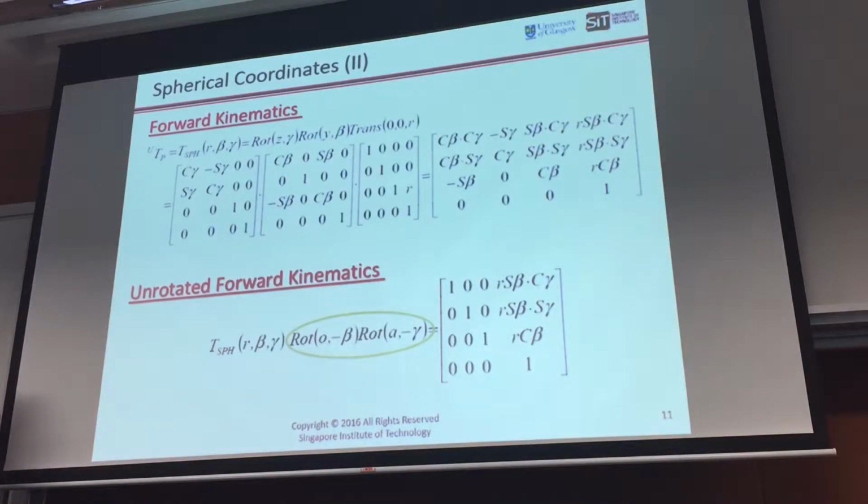Later on, I will go through the detail of how you use this to find 2 sets of angles, 2 sets of answers, and then verify which is the right answer. So far, okay? I know it is a lot of mathematics, but no choice. It's still the fundamentals of robotics.